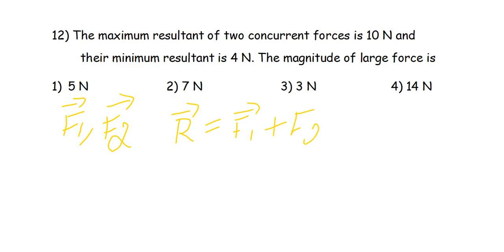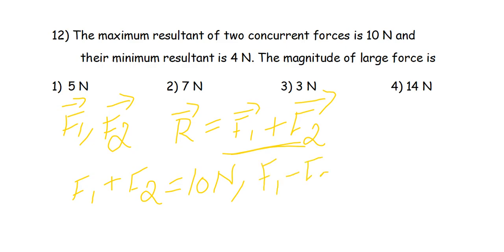The maximum resultant means F1 plus F2 is 10 newtons, and the minimum resultant F1 minus F2 is 4 newtons.